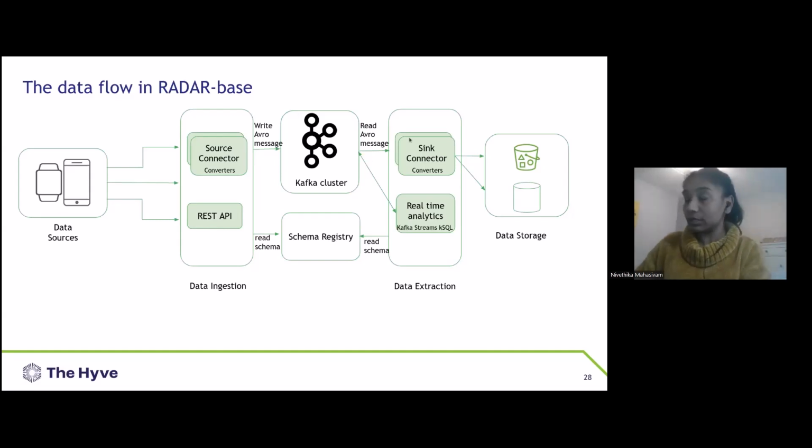The same goes for sync connectors. The sync connectors can download the data and write it to the local file system or write it to the object storage. We used to have one sync connector earlier, which was writing into a Hadoop file system. And from Hadoop file system, now we have moved into object storage.